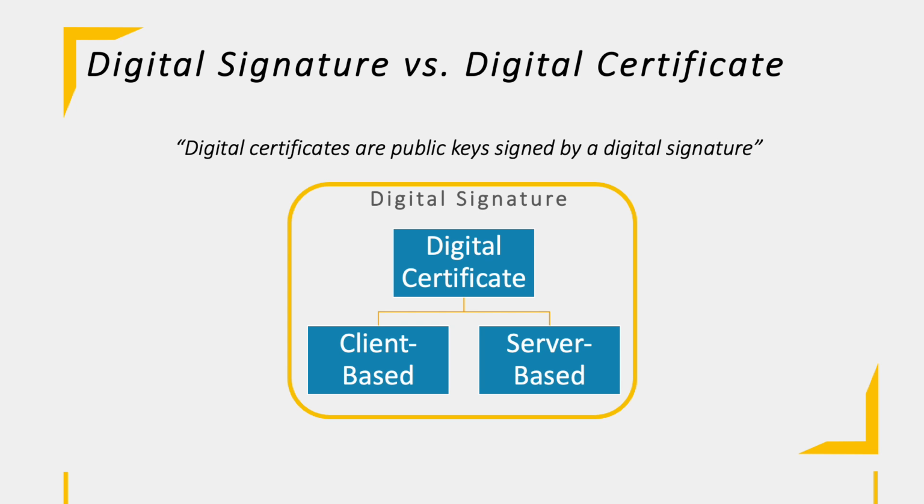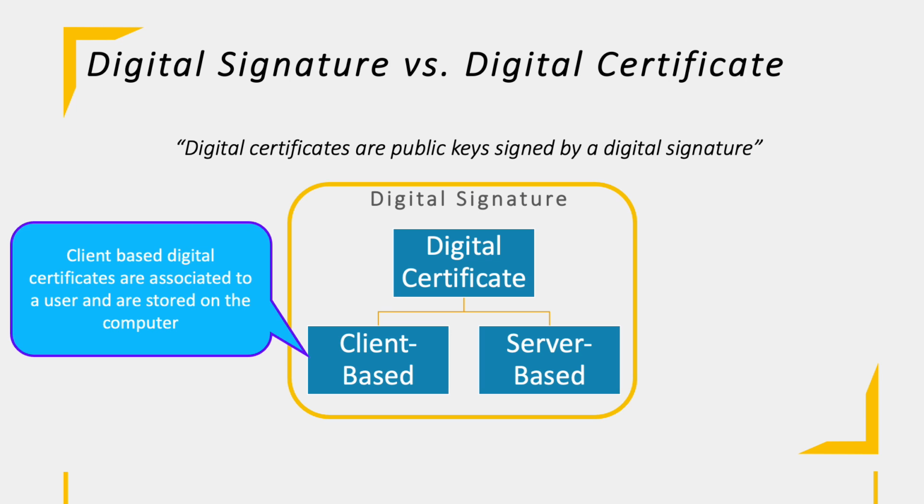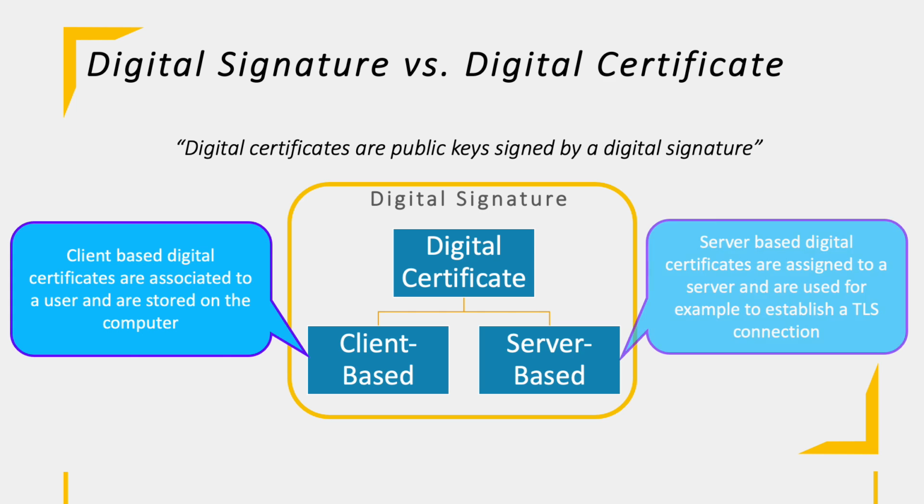And we do have two different kinds of certificates. We have client-based and server-based certificates. The client-based certificates are associated with a user or an entity and are stored on a computer, for example. For the server-based example, you have a certificate which is assigned to a server or a service specifically and is, for example, used to establish a connection in a client-server communication.